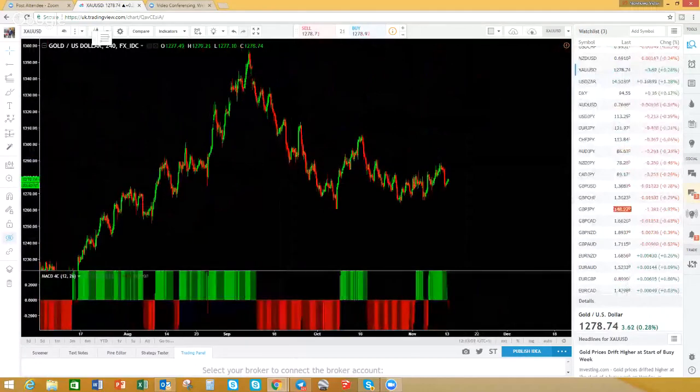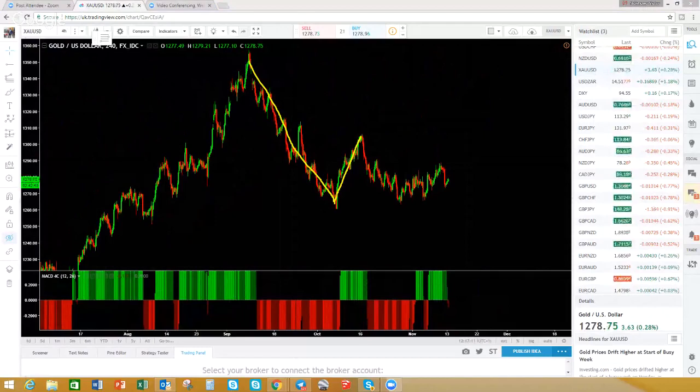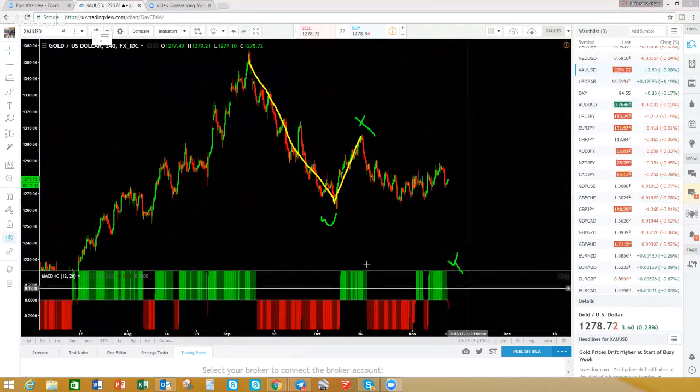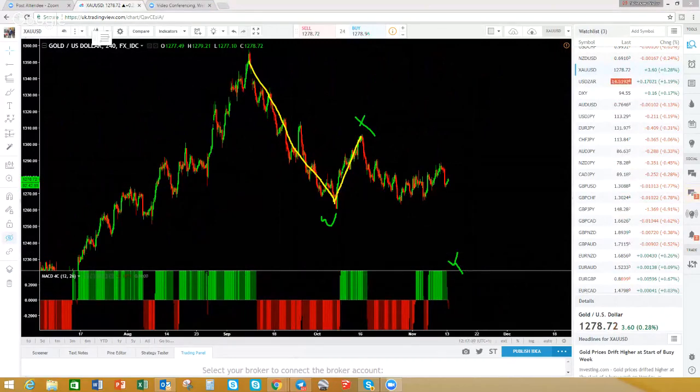So this is what I'm anticipating with gold here. You have this big impulsive move to the downside. You have this impulse over here. Now it's going down. We're thinking that we're getting a WX, and then we're going to get a Y at the 1245 area. Why the 1245 area? Because at that area, this will be equal to that. As we know, the market does not move in a straight line.